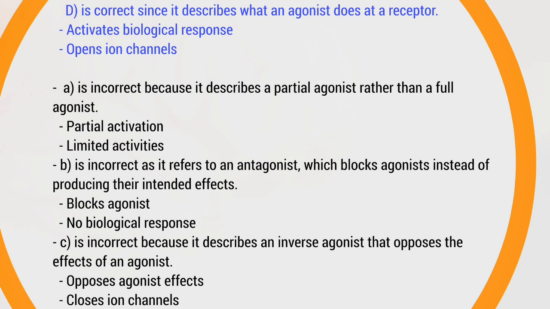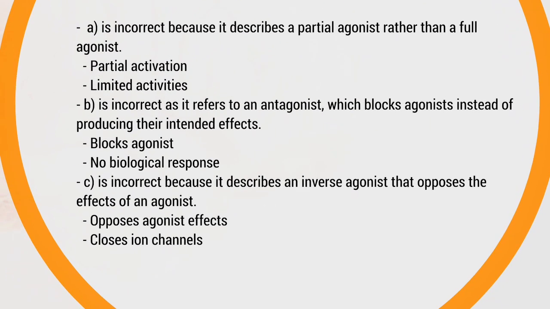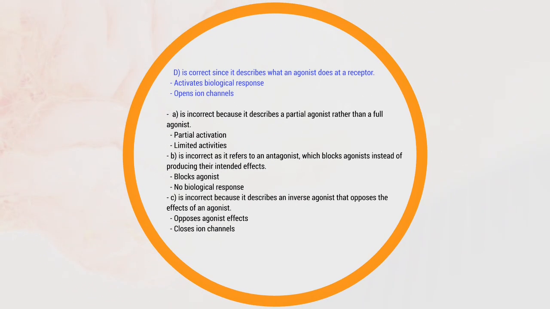B is incorrect because it refers to an antagonist, which blocks the agonist instead of producing its intended effect, which means no biological response. C is incorrect because it describes an inverse agonist, which produces the opposite of the agonist effect, so it closes the ion channel. Important to know these characteristics in detail.